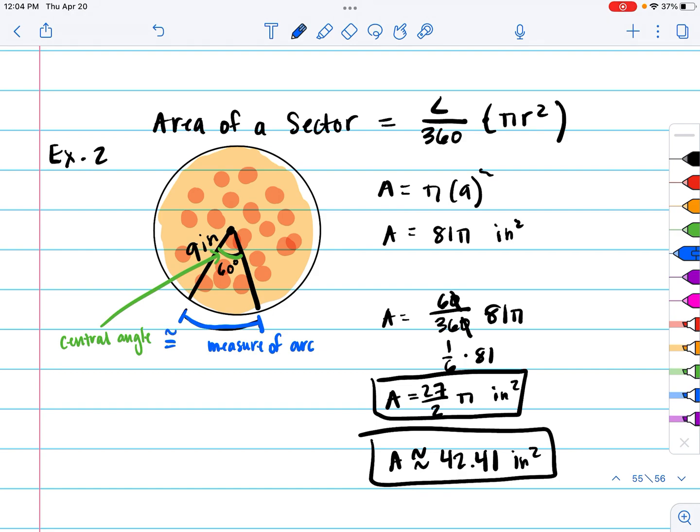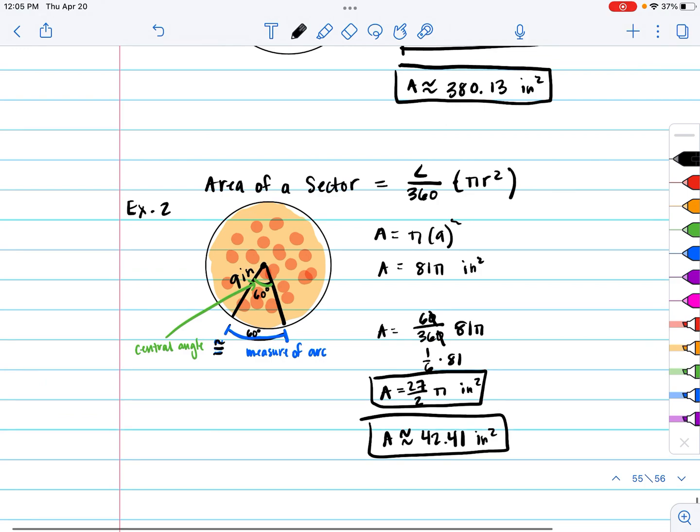And ironically enough, these are congruent to each other. So sometimes you'll see this marked as 60 degrees, the measure of the arc. And just know that you could still plug that in properly for the equation of a sector.